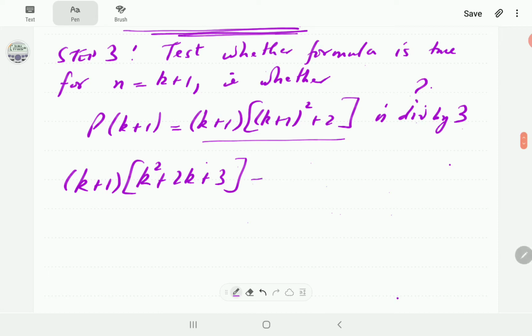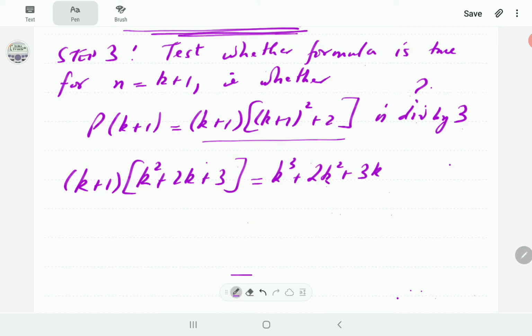Then if we multiply all these terms by k, we're going to have k cubed plus 2k squared plus 3k.